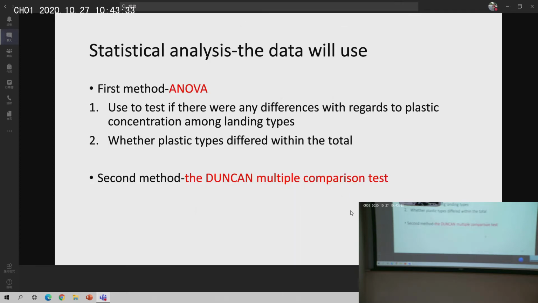The data will use statistical analysis, and the first method is ANOVA. ANOVA is used to test if there were any differences in plastic concentration among landing types, and whether plastic types differ within the total. The second method is the Duncan multiple comparison test.